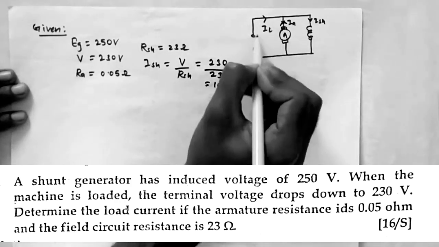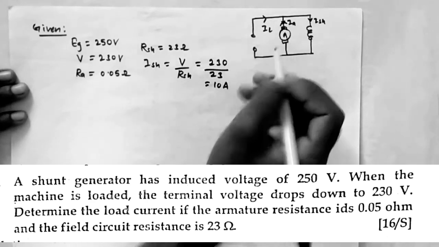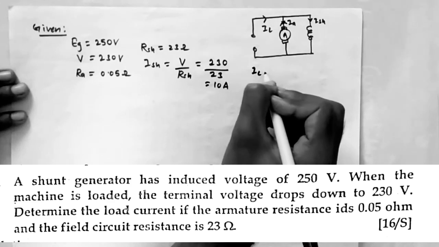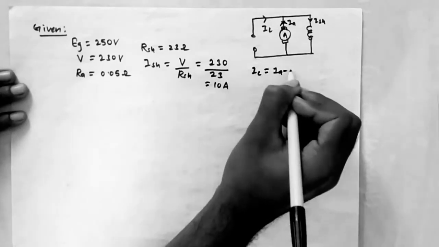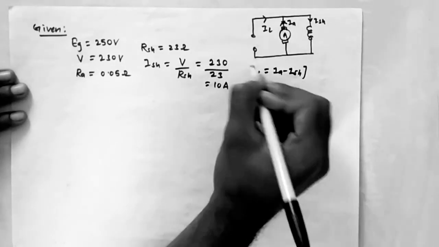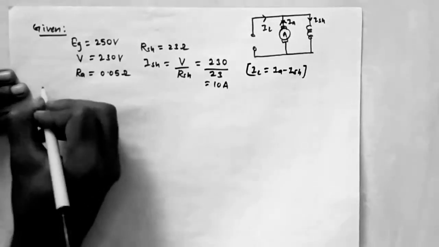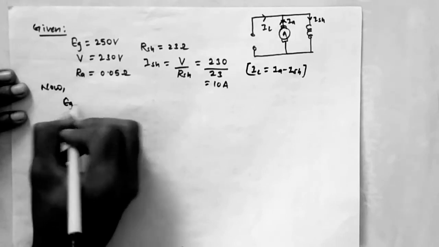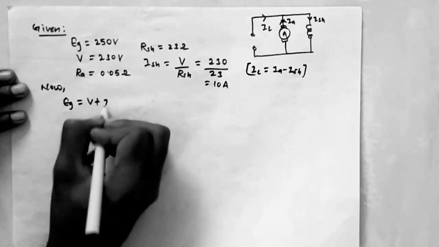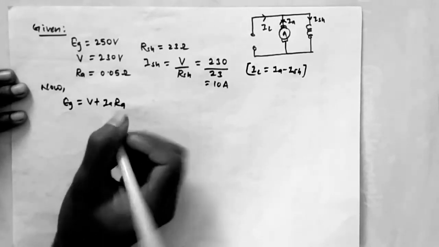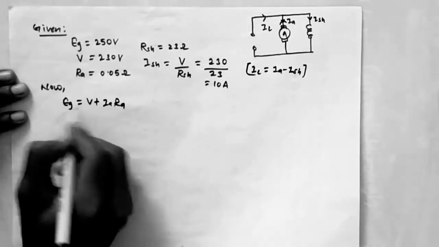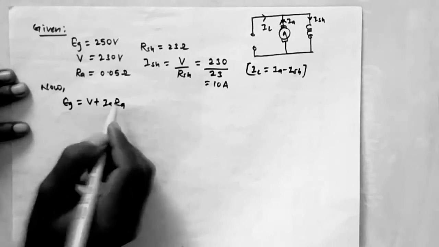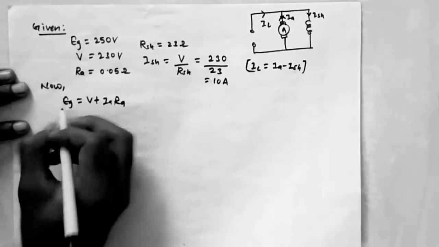Since here IL current is going, in place of IL we can write IL equals Ia minus Ish. Now in a generator E is given by V plus Ia into Ra, but in the case of a motor we have seen E equals V minus Ia into Ra, so be careful here.